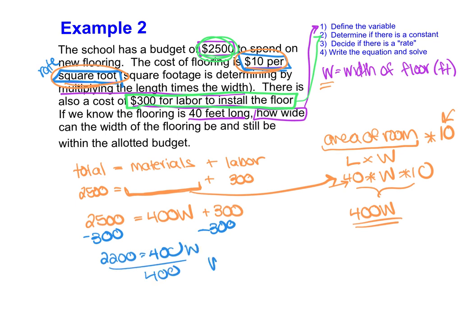And there we find that our width is 5.5 feet. So what that's telling us is that if we want to get some flooring and our room is 40 feet long, that room can at most be 5.5 feet wide if we want to use this flooring and stay under budget.